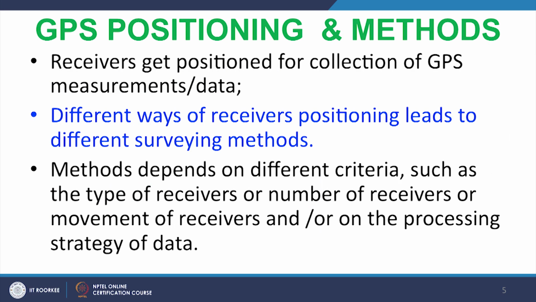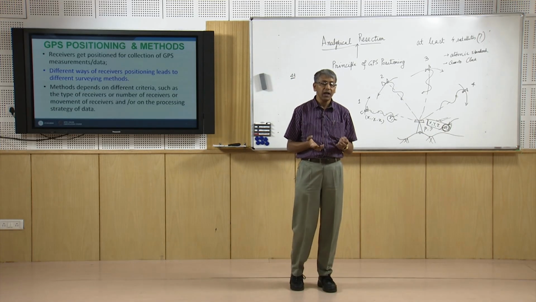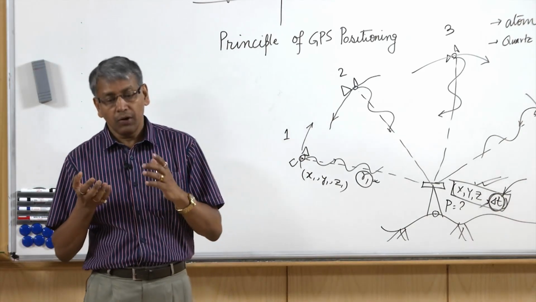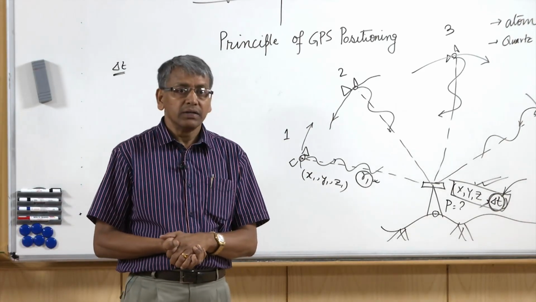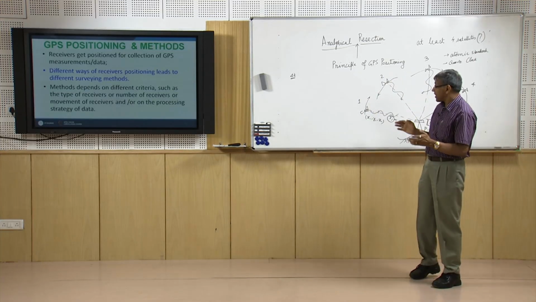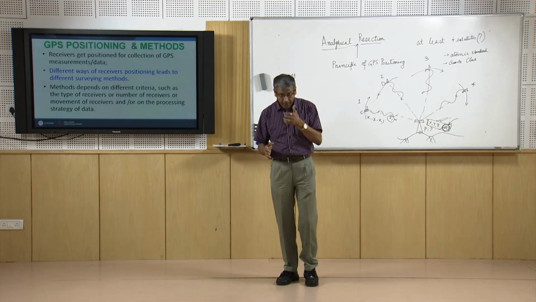Now, we will like to discuss methods of GPS positioning. We can see from our principle of GPS that to carry out GPS surveying, we need to place our GPS receiver at any position for which we need to determine the position. So, GPS surveying basically consists of placing the GPS receiver.